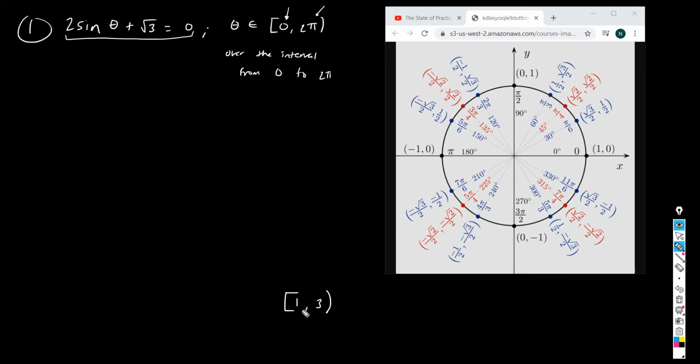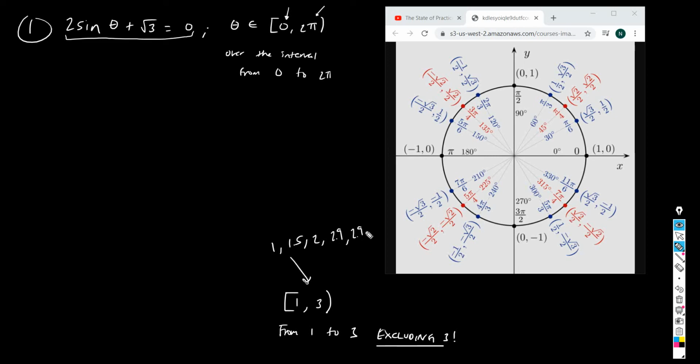What does that mean? That means that this interval is comprised of all the numbers from 1 to 3, but excluding the number 3. You can put any number inside here. For example, the number 1 is in here. The number 1.5 is inside this interval. The number 2, the number 2.9 because it's less than 3.